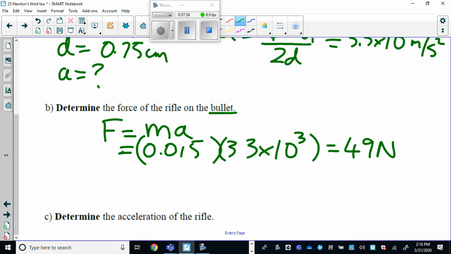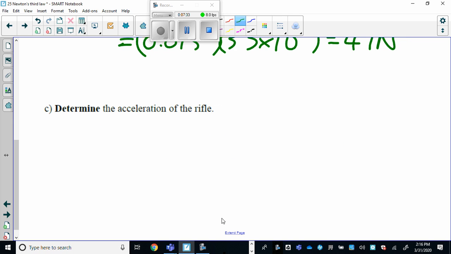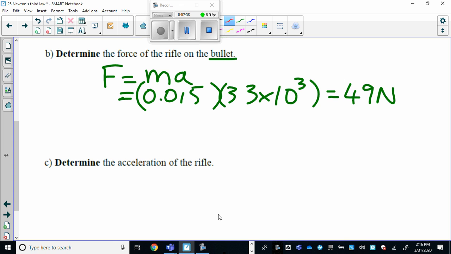So that's the force of the rifle on the bullet. Therefore, the force of the bullet on the rifle equals negative 49. Newton's third law: every action has an equal and opposite reaction. So if there's 49 newtons of force by the rifle on the bullet, then there's negative 49 newtons of force by the bullet on the rifle.